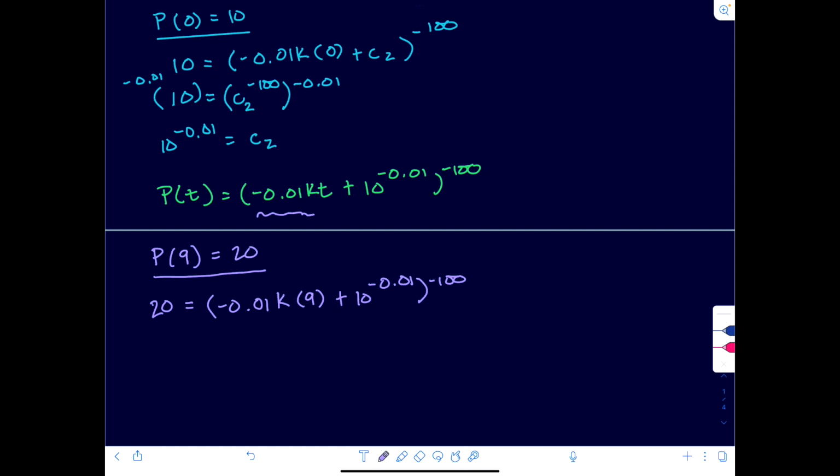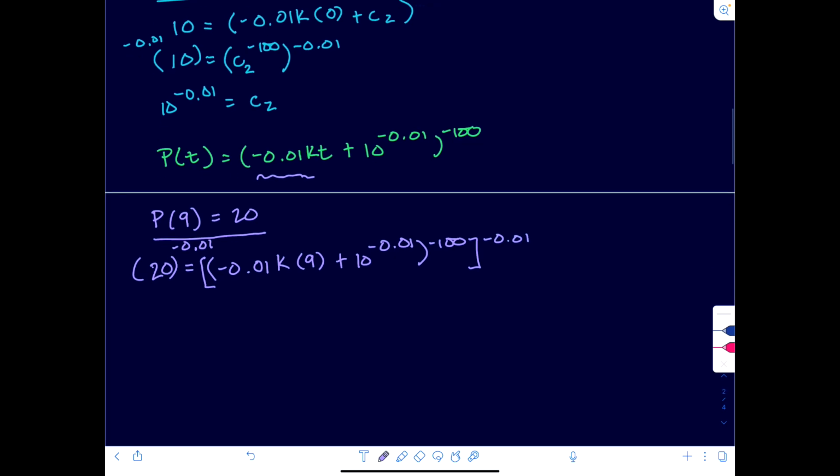So working through it, we will raise both sides to the negative 0.01 to get a coefficient of 1 around that quantity. So we'll have 20 to the negative 0.01 is equal to negative 0.01 times k times 9 plus 10 to the negative 0.01.